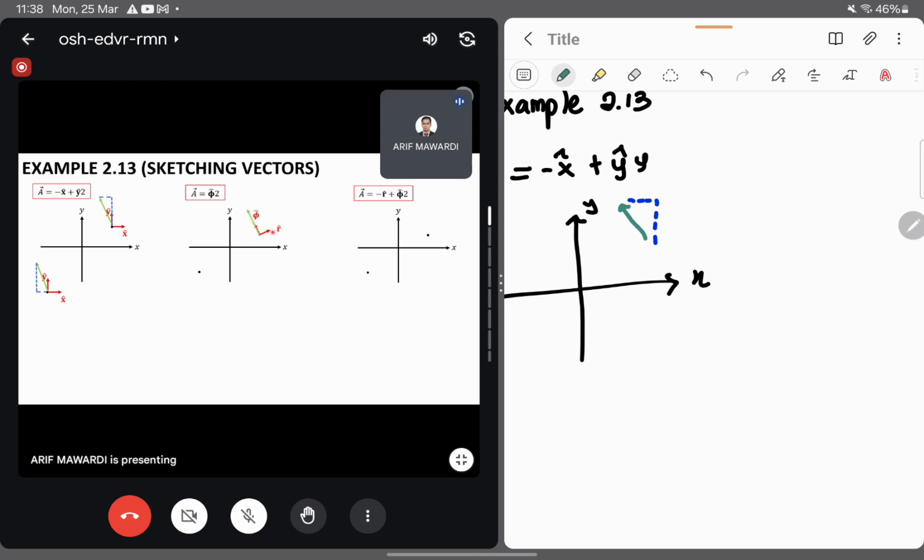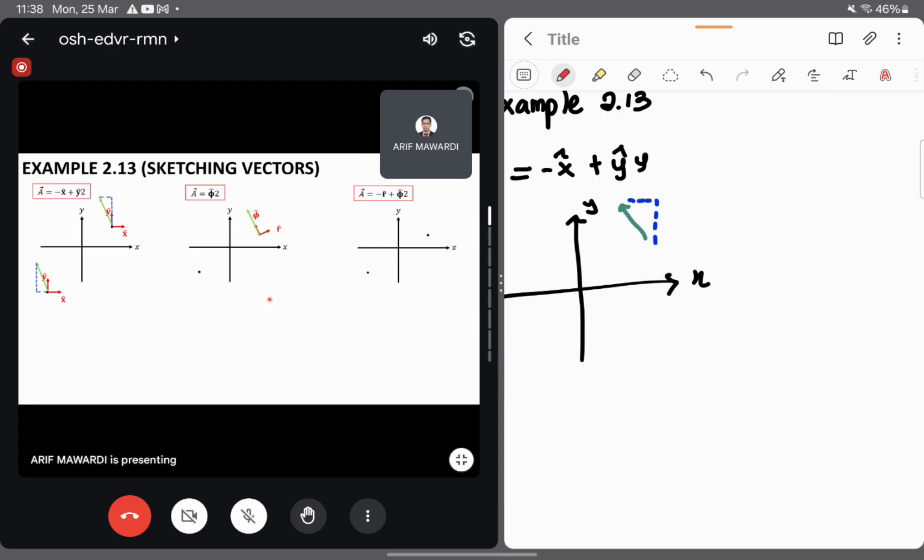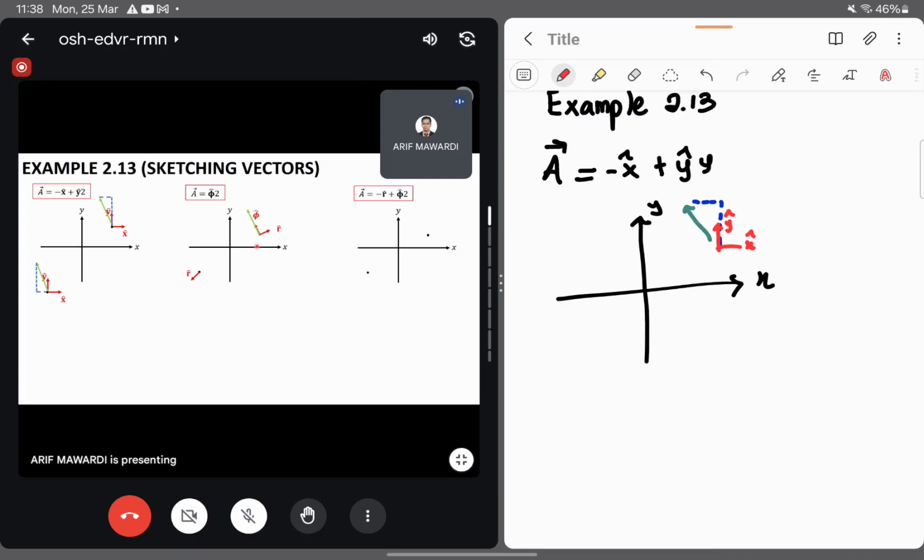It doesn't have a component along r. Now if I want to sketch the vector at this point, remember the first step is to draw the unit vectors. For r, it is in the direction of increasing r, along this direction. For phi, it should be in the direction of increasing phi.